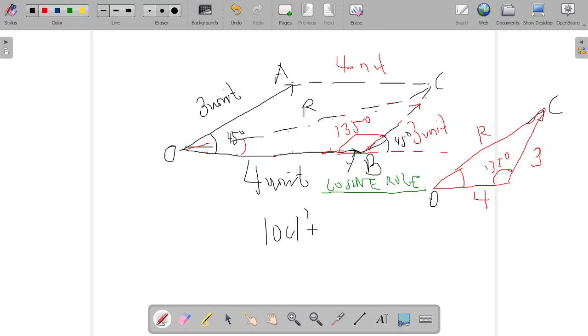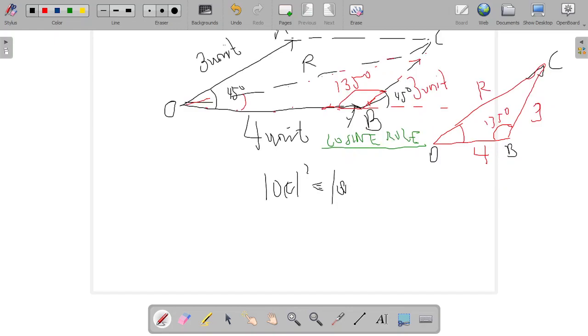Let's say this is B, so OB square plus BC square.